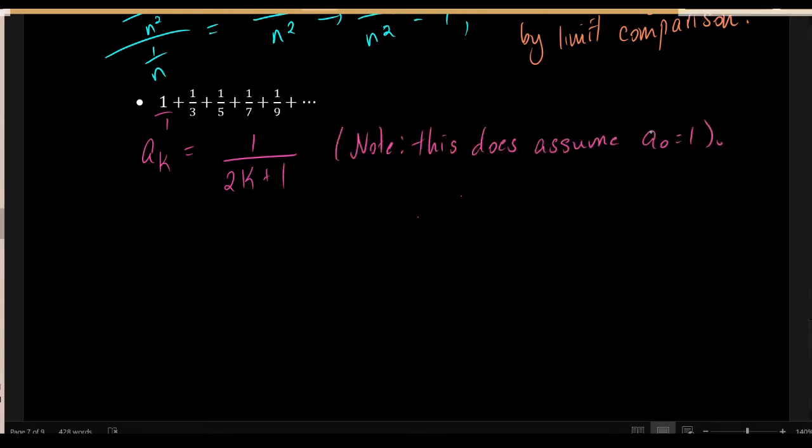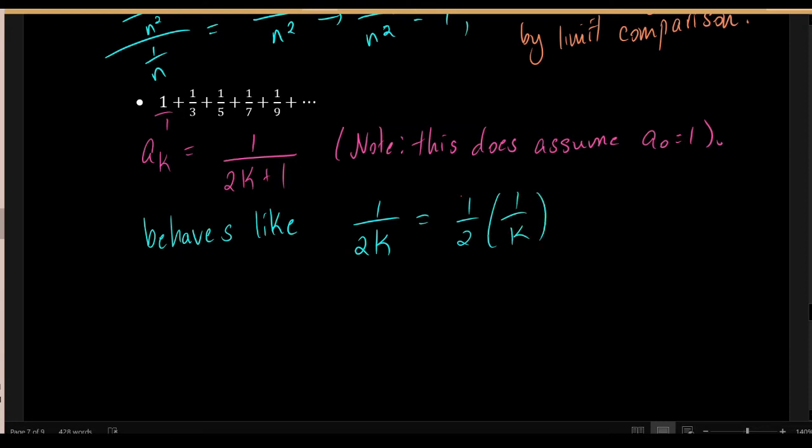All right, can you think of a suitable other series that we can use for comparison with this one? I think that the easiest one is to use the same harmonic series that we used in the previous example. As k gets large, 1 over 2k plus 1 begins to behave like 1 over 2k, the ratio of the leading terms, which can be thought of as 1/2, just a constant multiple of 1 over k. So I would use 1 over k, the harmonic series, for comparison.